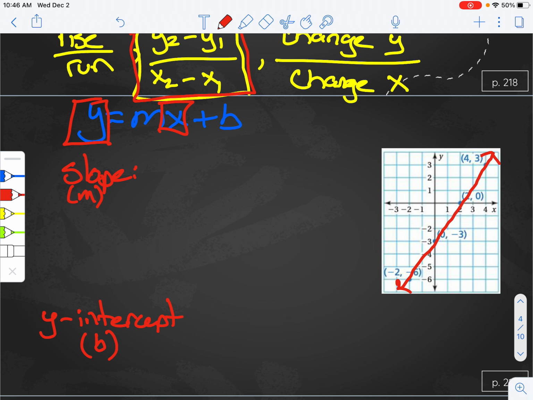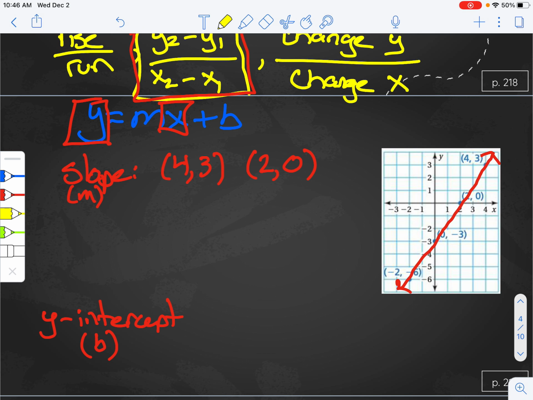So let's say we choose the points (4, 3) and (2, 0). You could choose any of them. I'm just going to choose those 2.